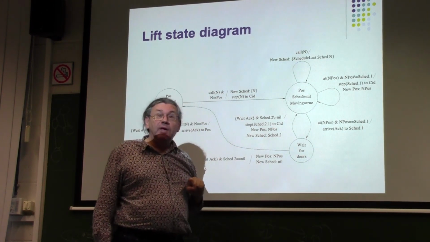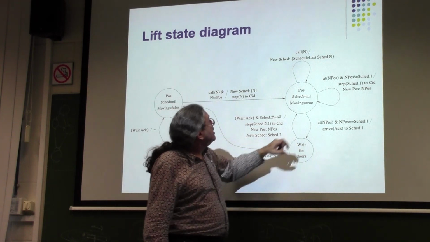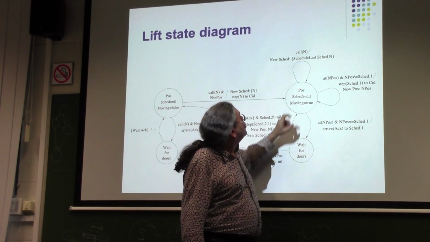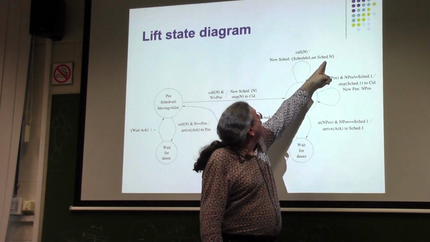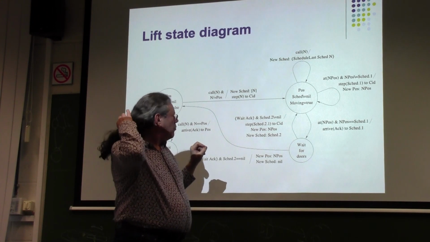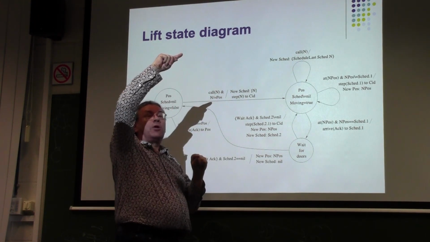I can build a scheduler that will not satisfy that property if I naively add n. Let's say I go from 1 to 30, okay?